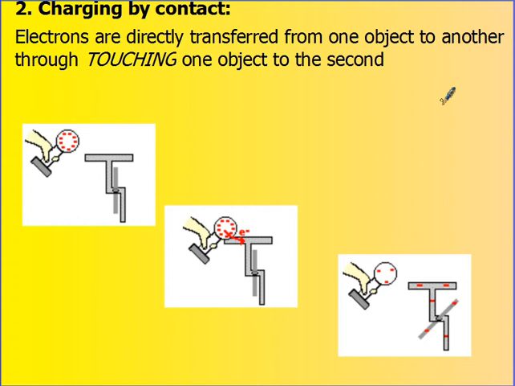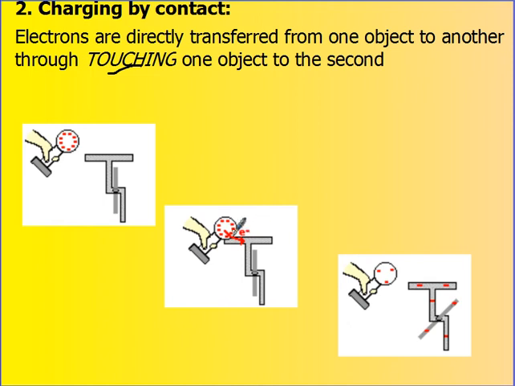The second one is charge by contact, and this one is exactly what it sounds like. You are charging an object by touching it. So say I have a positively charged sphere and I'm going to touch this neutral metallic object, because in general you're going to touch a conductor, though it could be an insulator.